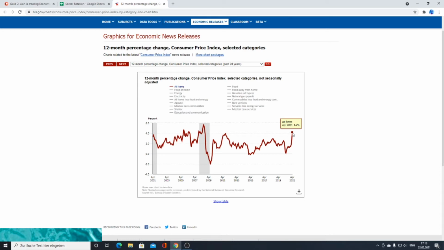But if you watch my other videos where I talk about inflation in more detail, you can see that it is way more than 4.2%. However, this is a hindsight indicator. We can see the impacts of the money printing from last year only now, only this month. And this is what we see through CPI. So what we can see here is that it's moving up sharply.